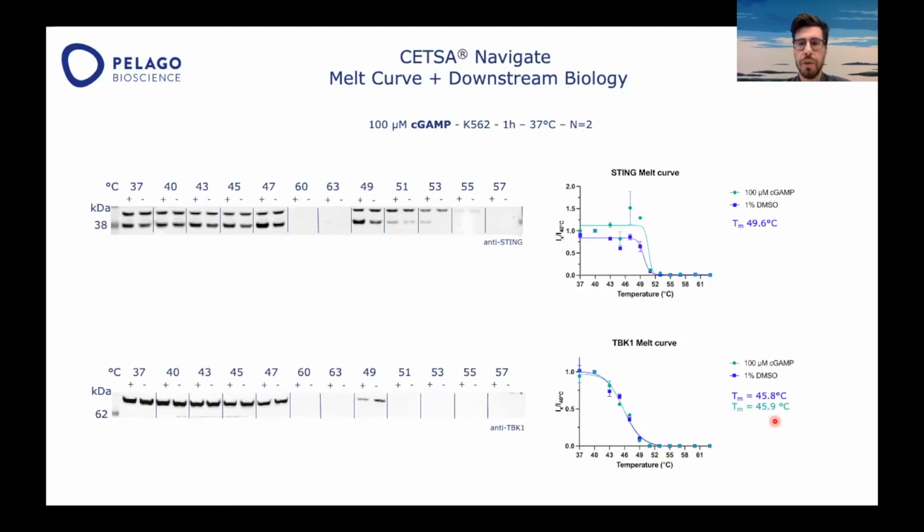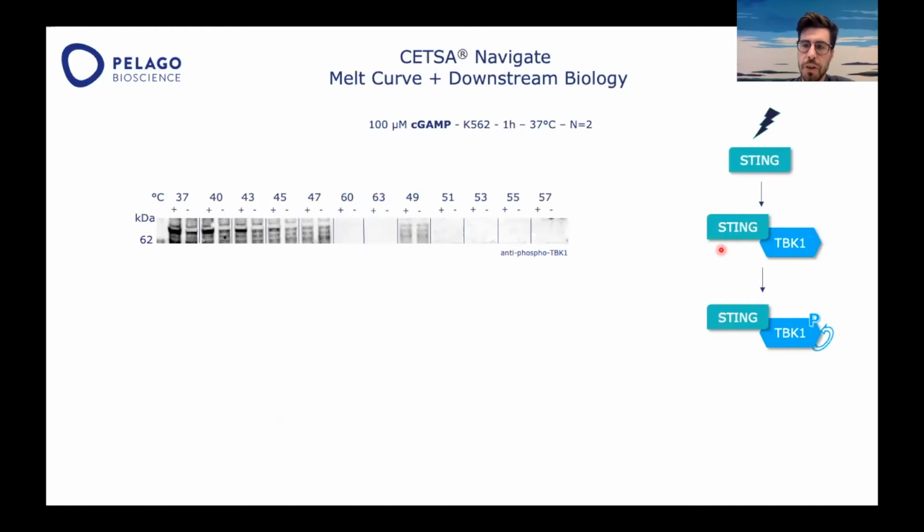Now going further downstream in the biology, where you just see really schematically and briefly sketched out the flow of what we expect. First we would expect to see phosphorylated TBK1. Having a look at the membrane now, we can see some cross-reactivity of the antibody, which is known from the supplier. So the main message here is that we see more phospho-TBK1 in the compound incubated sample as compared to the control.